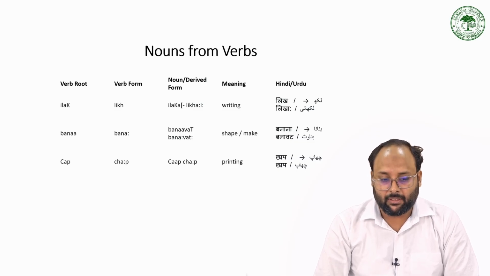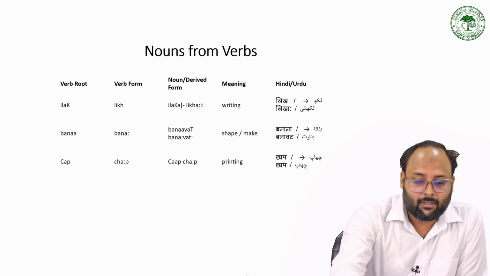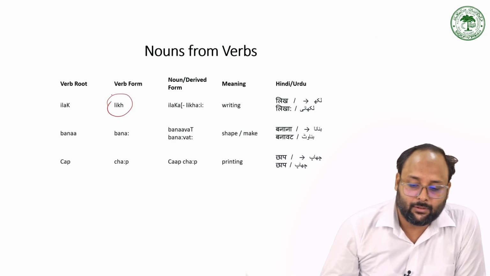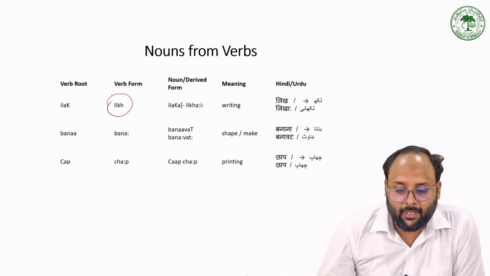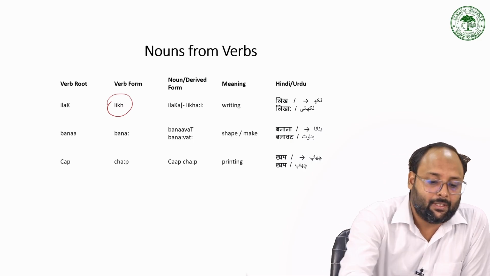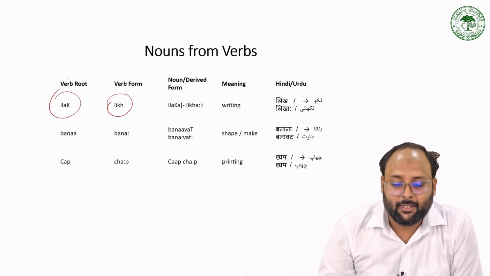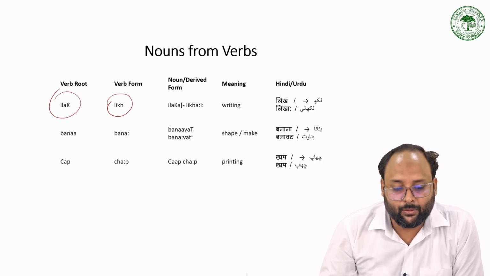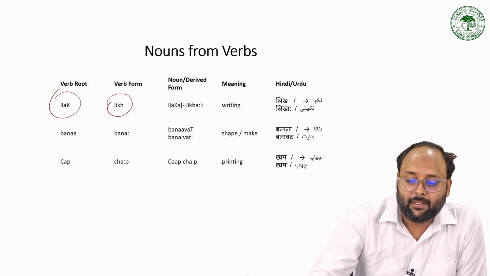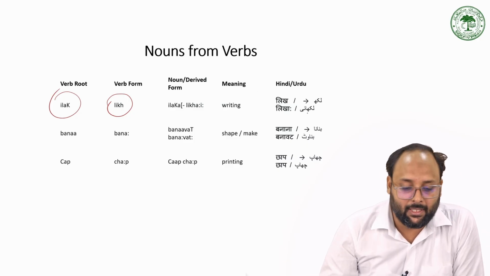Like there is a verb root लिख, and to लिख we add another suffix like ak. So when we use ak, it becomes lekhak, and sometimes it becomes likhai.